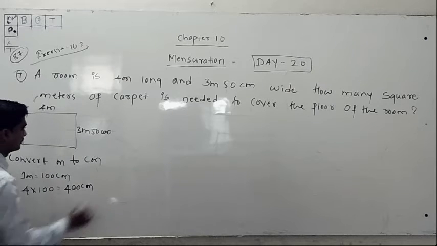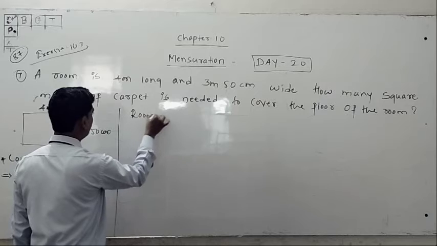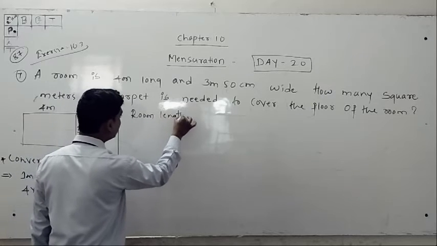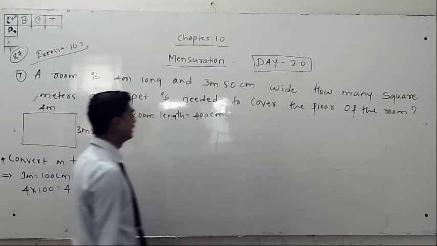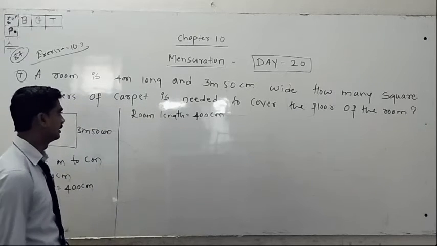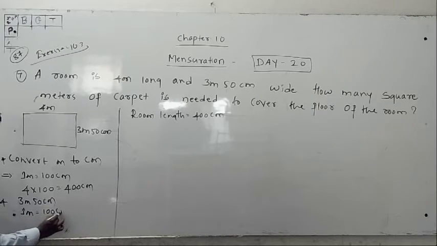Length. First of all, room length. Long means length. 400 centimeter room length is there. Then breadth, how much? You should convert. 3 meter 50 centimeter is there. 1 meter equal to 100 cm.